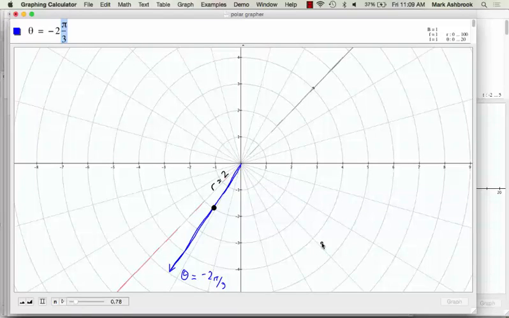Okay, and then part 2, I asked you to write that point in polar coordinates 2 other ways. So this is the point, 2. What's another way to write that point?